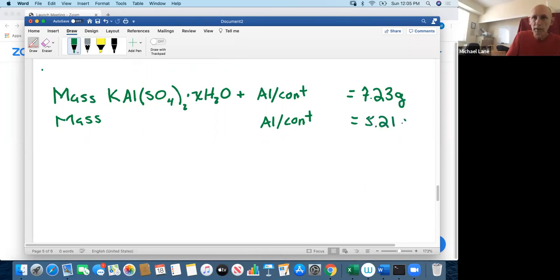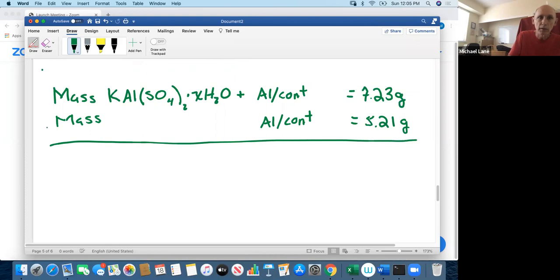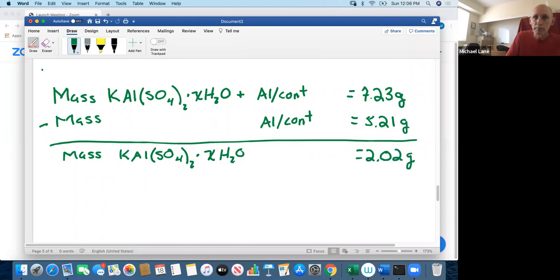So I'm purposely setting these up to look rather like linear equations, so that when I subtract the two from each other, this term remains. So I get the mass of potassium aluminum sulfate hydrate, 2.02 grams.